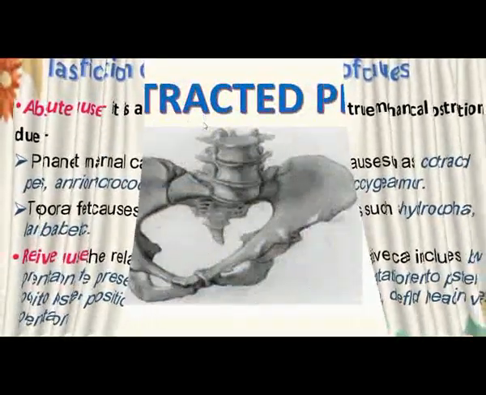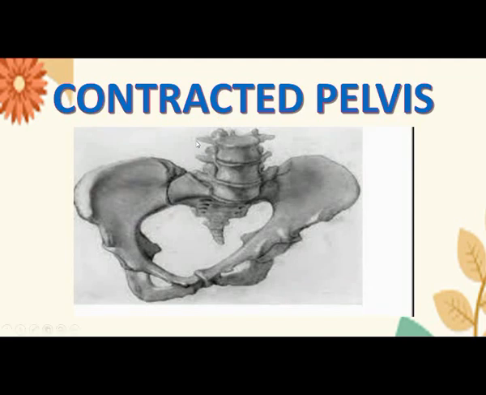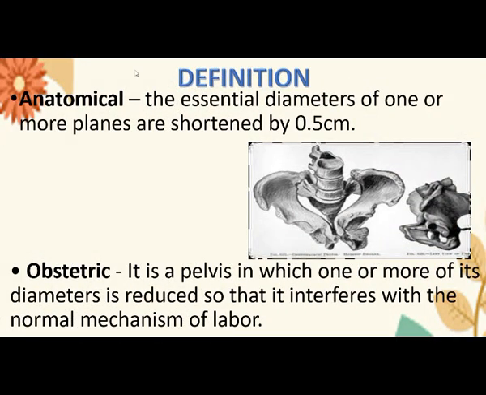Now we can see the contracted pelvis. We already said that because of a contracted pelvis there is a chance of Cephalopelvic disproportion. So what is a contracted pelvis? Anatomical: the essential diameters of one or more planes are shortened by 0.5 centimeters. When the diameters of the pelvis are shortened by 0.5 centimeter, it is known as the anatomical contracted pelvis.